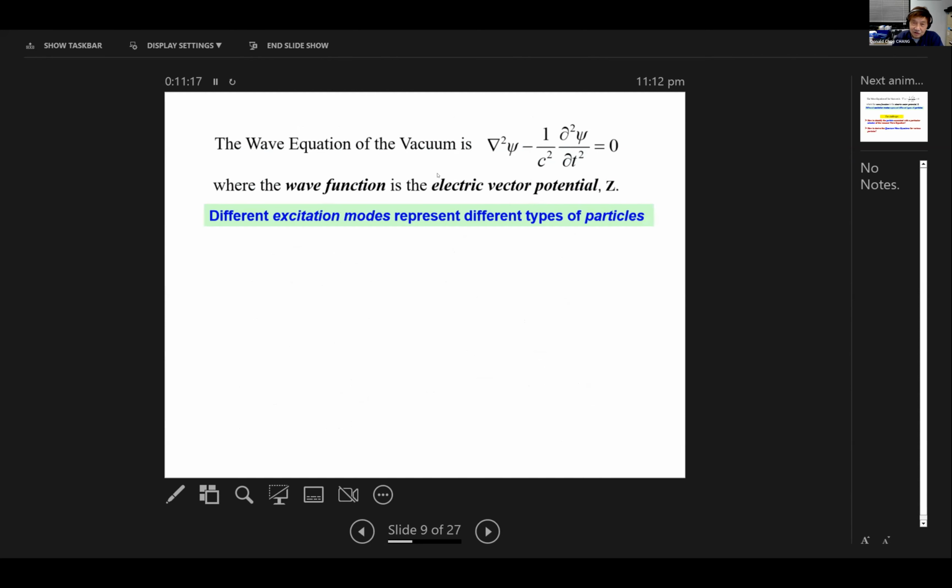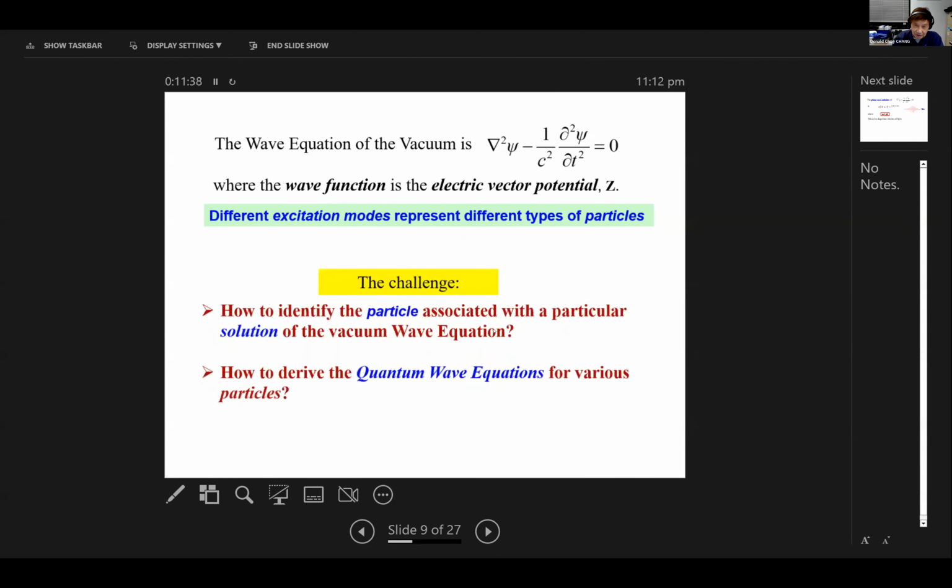Once we know the general wave equation of the vacuum, we can look for different solutions. Some of the solutions may represent different kinds of particles, so we can look for different excitation modes based on this equation. We are now facing major challenges: how to identify the particle associated with a particular solution of the vacuum wave equation.